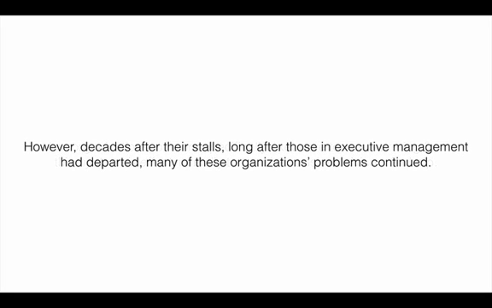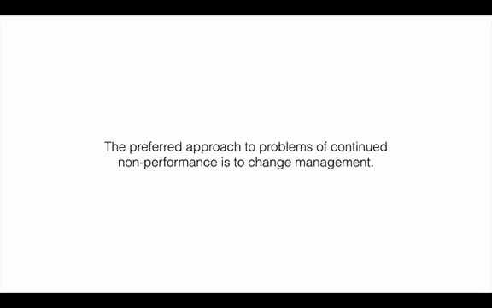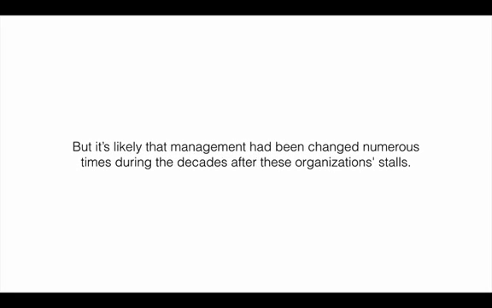Now organisations, or more specifically executive teams, suffering from the hysteresis effect, normally turn to their trusted advisors for help. However, decades after their stalls, long after those executive management had departed, many of these organisations' problems continued. How do you explain that? The preferred approach to problems of continued non-performance is to change management.